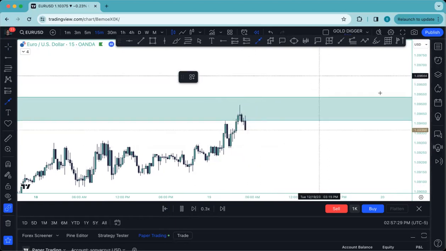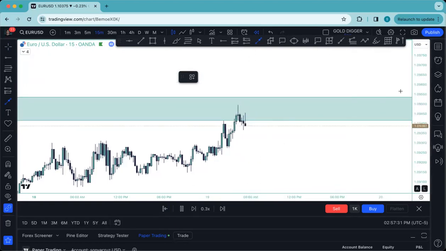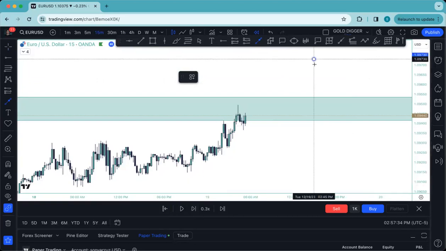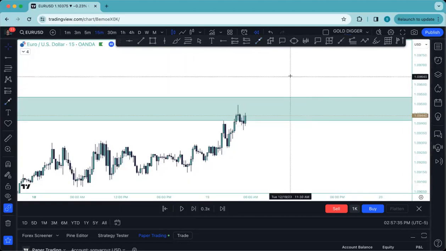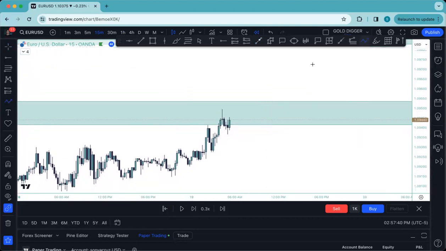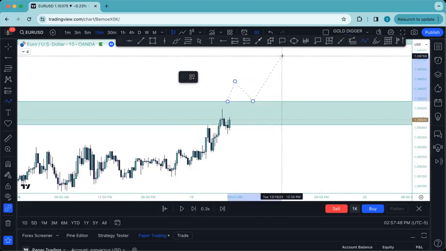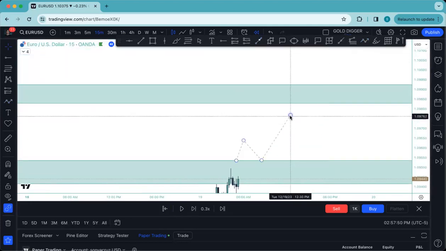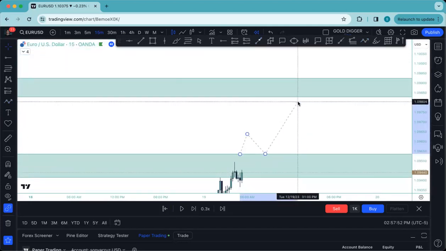See if you can retest that for a buy. So we're not going to trade in this box. We're waiting for it to come up, push away, come back down, and then take it to this next zone.